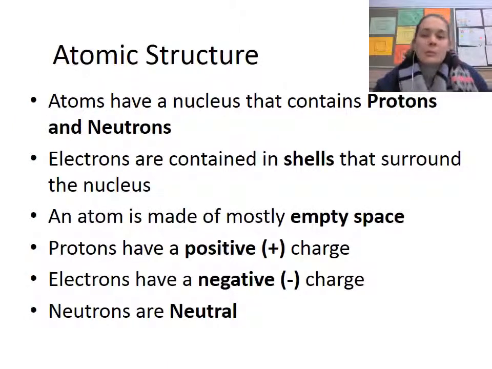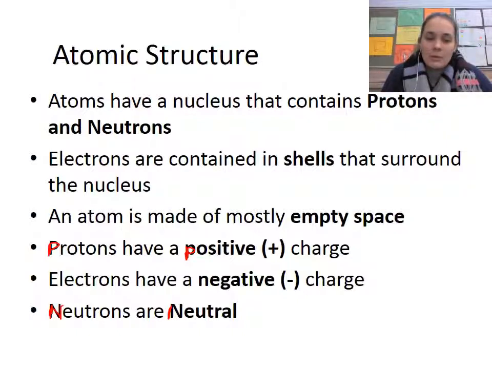Okay, so you should remember your nucleus, your protons and your neutrons. You should remember that electrons are contained in shells that surround this nucleus. The atom is made up of mostly empty space, and that's to do with the electrons and the electron shells. The way I like to remember it is P for proton, P for positive, N for neutrons, N for neutral.